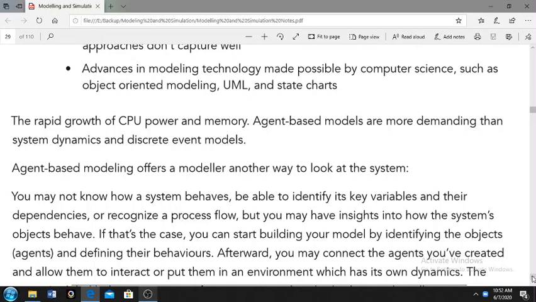Agent-based models are more demanding than system dynamics and discrete event models. Agent-based modeling offers another way to look at a system.